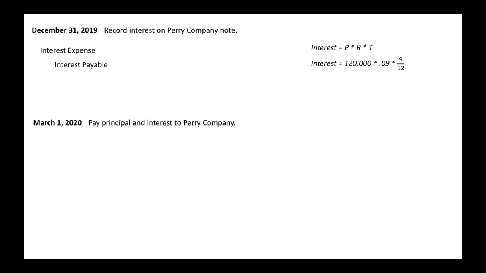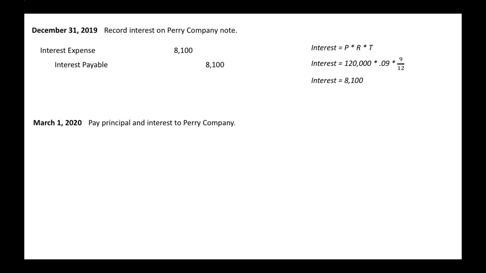Well, we count the number of months from when we first borrowed the money to the end of December, and that's 9 months. And why do we divide that by 12? Because our 9% is an annual interest rate. So if we multiply that out, we get an interest amount of $8,100. So we'll plug that into our journal entry.